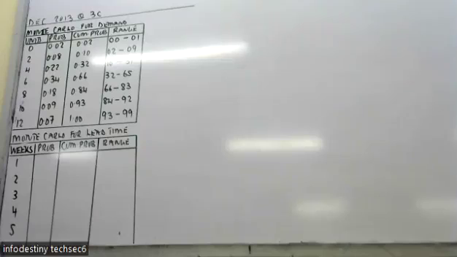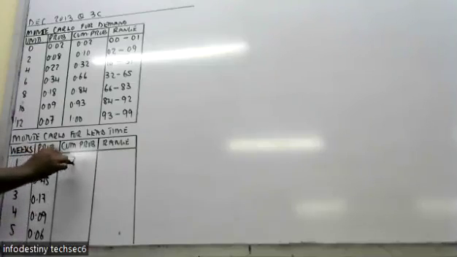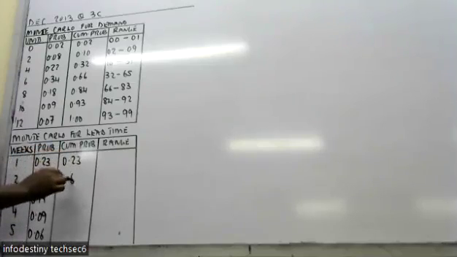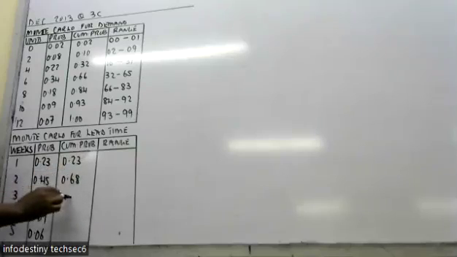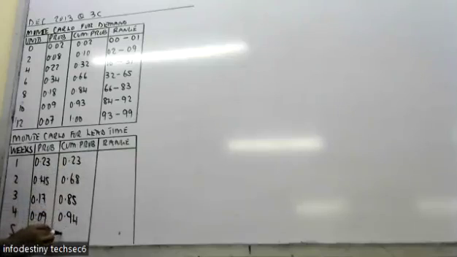With the probabilities of 0.23, 0.45, 0.17, 0.09, and 0.06. So when you accumulate, this is 0.23, this is 0.68, this is 0.85, this is 0.94, and this is 1.